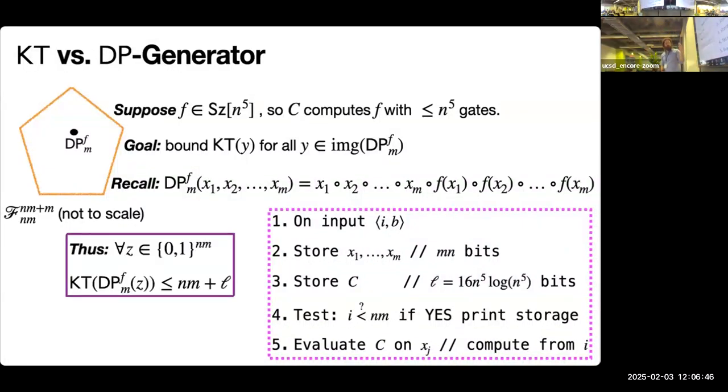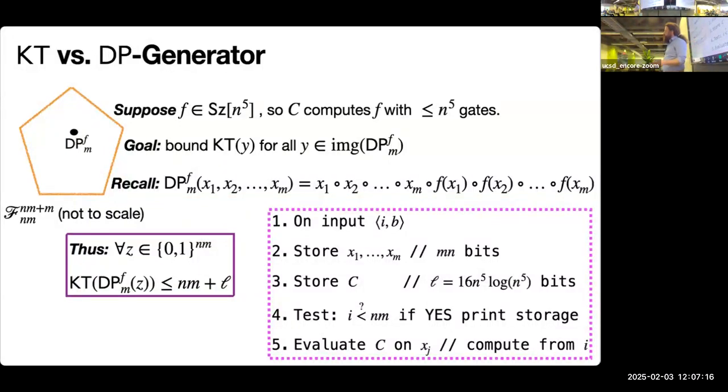So for every Z in n times n, which we can think of as m examples for F, we have that the K big T of the direct product generator with F evaluated on this input Z is at most mn plus L, roughly.